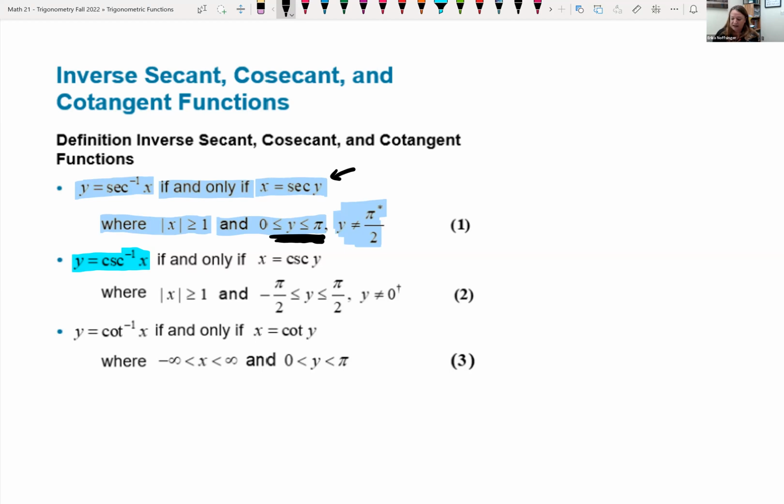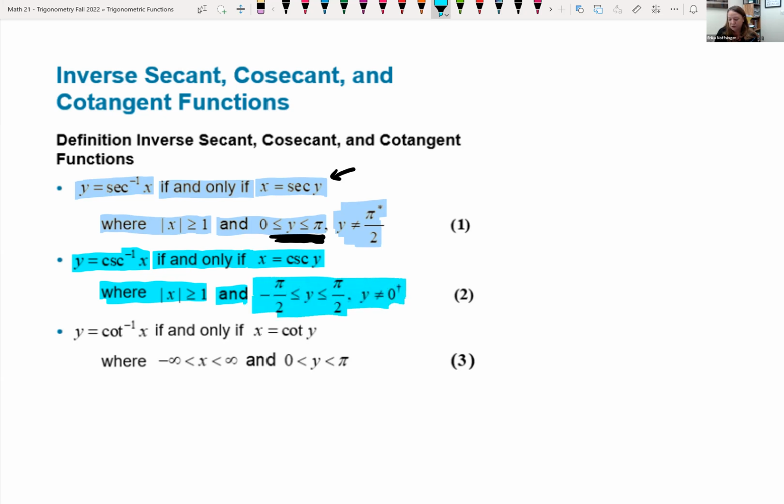And now you'll see that when we're looking at cosecant inverse of x, this is if and only if x is the same thing as cosecant of y, where again, x is greater than or equal to 1. And so remember, cosecant of y is 1 over sine of y. Inverse function for sine, we put between negative pi halves and pi halves, so that it was one-to-one.